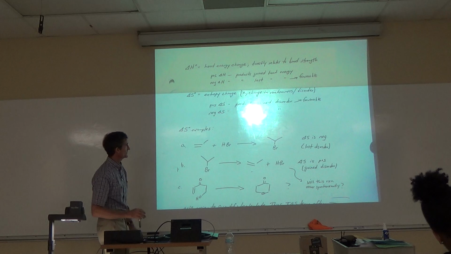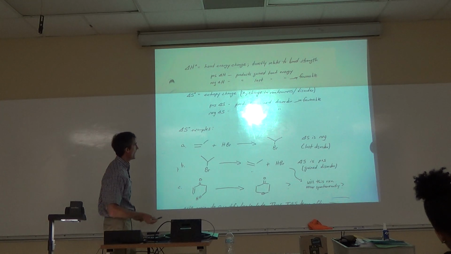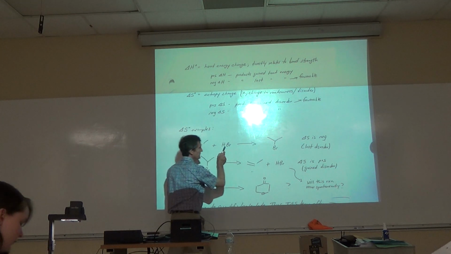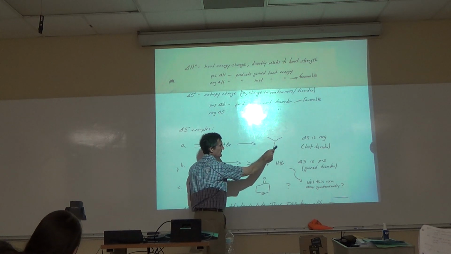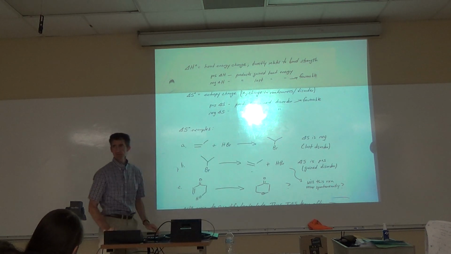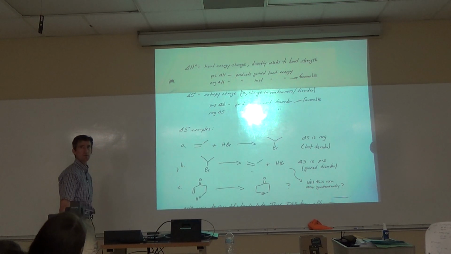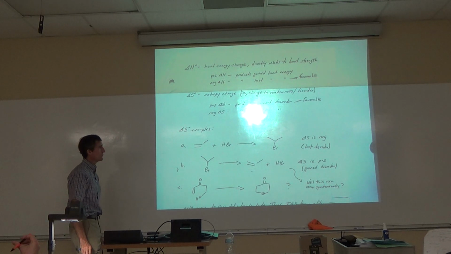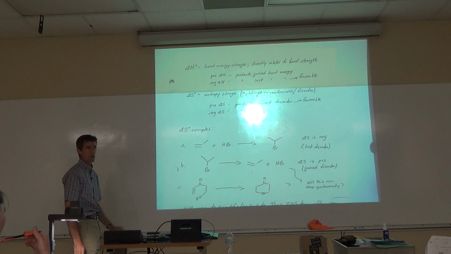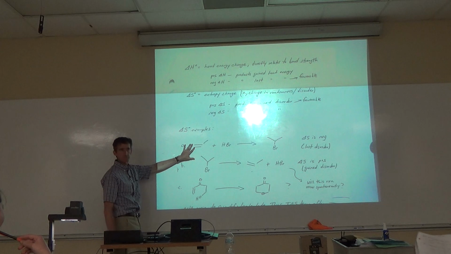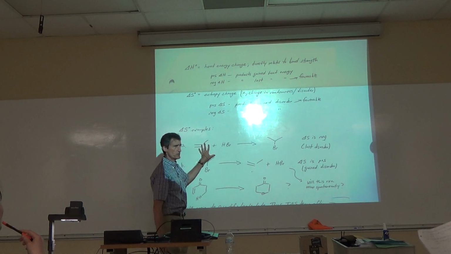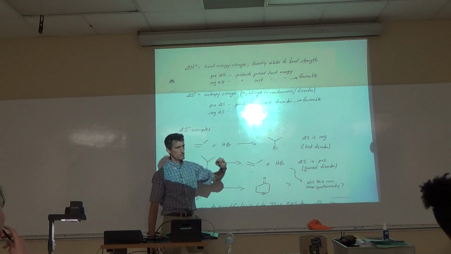Delta S examples. If this alkene reacts with HBr, we get this product. Delta S is negative. Lost disorder. How is this lost disorder? Two molecules combining to become one.